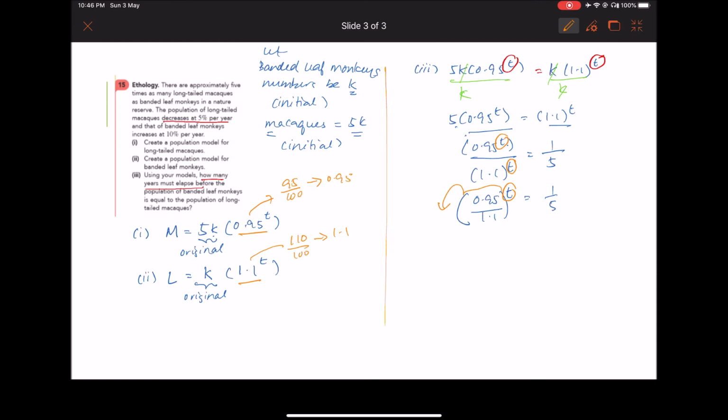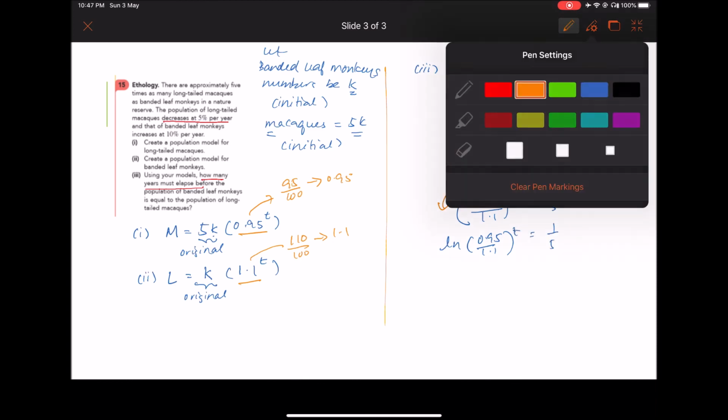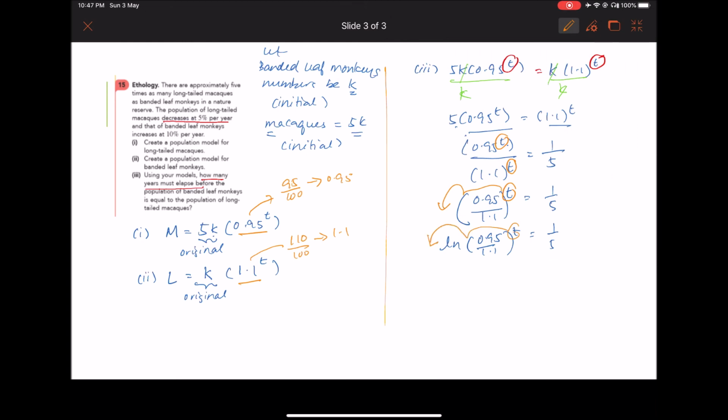You can use either LG or LN, it doesn't matter. Let's just use LN. So 0.95 over 1.1 to the power T equals 1 over 5. Then you notice that T can jump down. So we'll have T ln 0.95 over 1.1 equals, sorry, I forgot to write down here, ln 1 over 5.